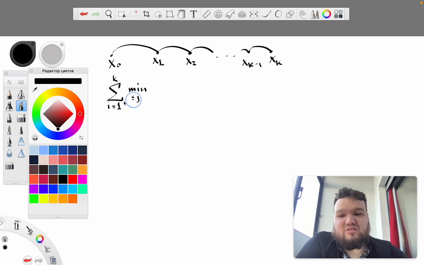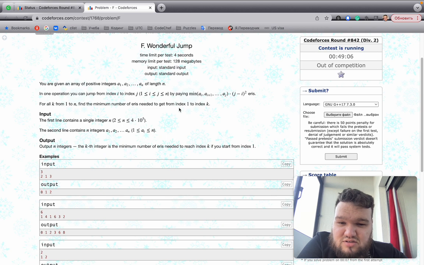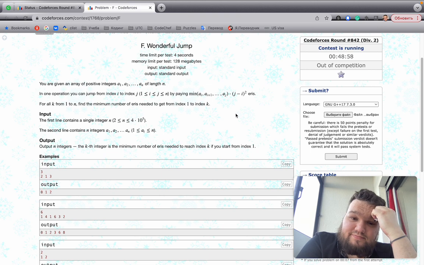The minimum on the segment of a_j from x_{i-1} to x_i, multiplied by the difference, the length of the jump, squared, right? So both ends are included in the minimum. Okay.